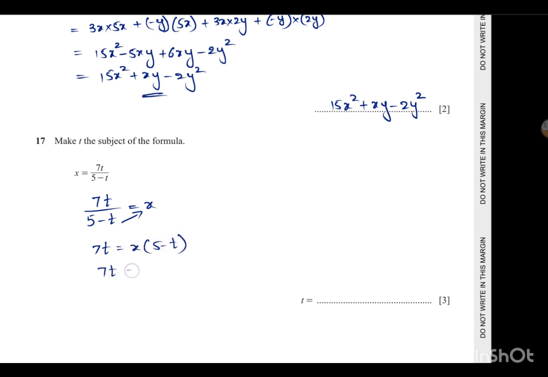Now multiply x with 5 and t. Bring the t term to the left side. It will be plus tx, and 5x as it is on the right side. 7t plus tx, keep t common and write the other in bracket. Last step now, keeping t, bring 7 plus x onto the right side. It is coming to the denominator, that is 7 plus x, 5x by 7 plus x. So this is the answer.